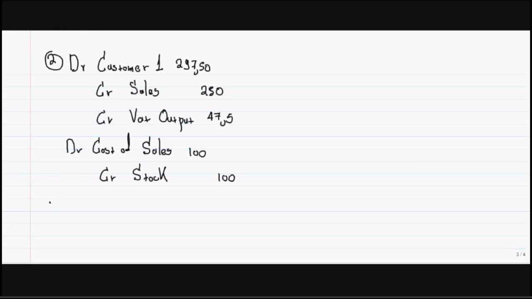Now let's move to transaction number 3. We sell services to a new customer. Let's name this customer number 2. The net amount of our revenue is 500. And we need to pay VAT payable of this 500.